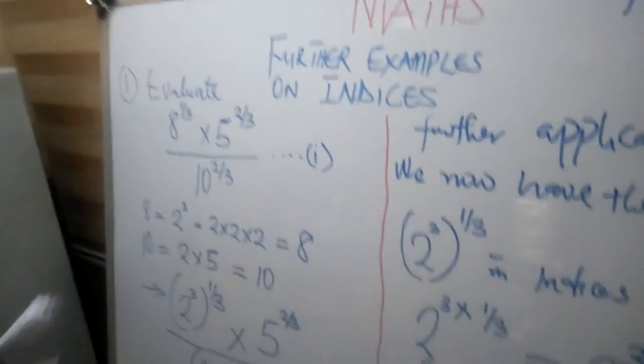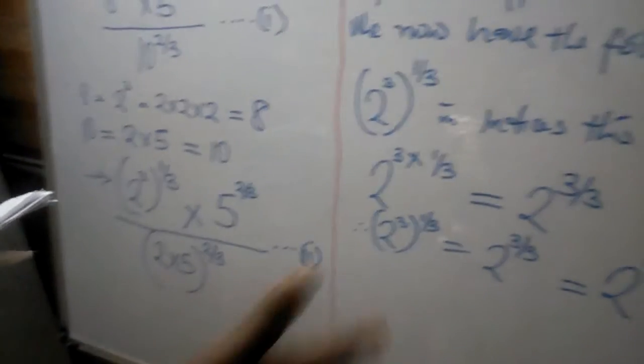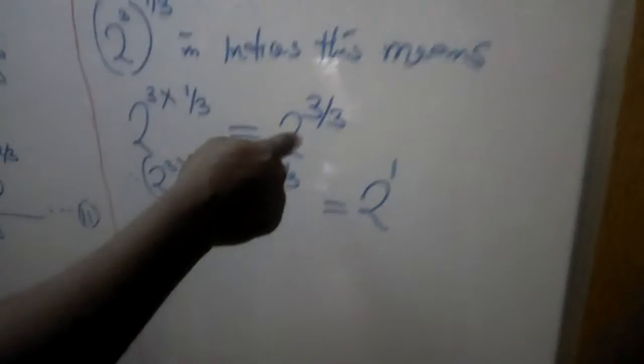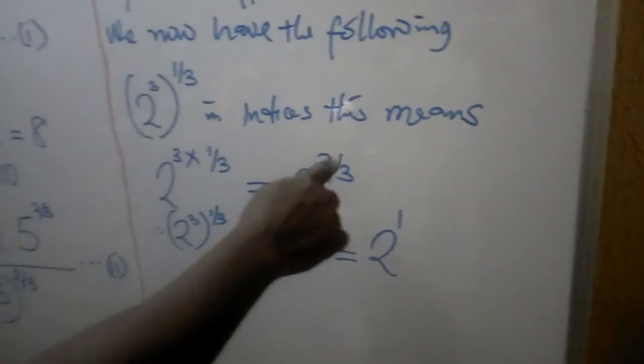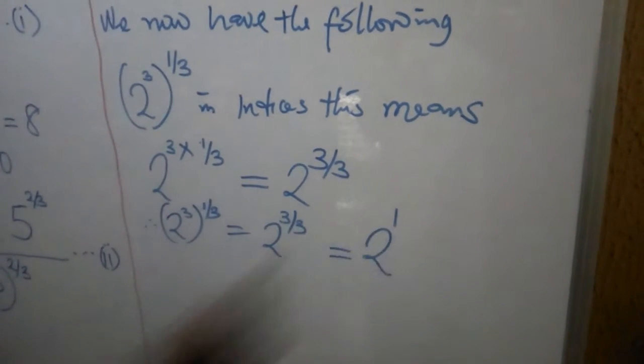Further, if you put this into the equation, for the numerator you have 2 raised to the power of 3 all over 3, so you have 2 to the power of 1.